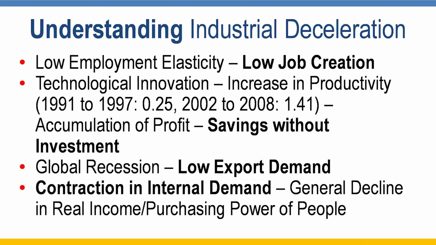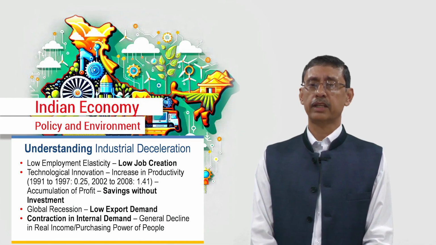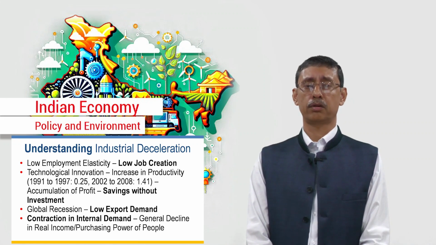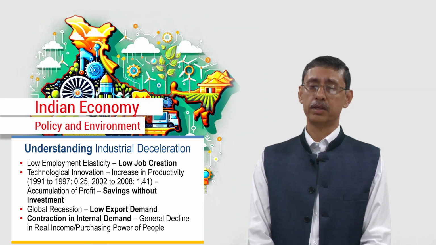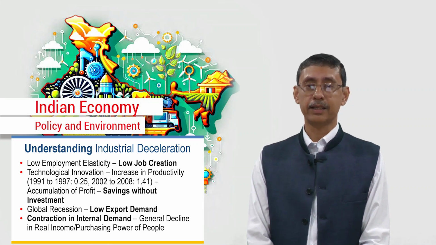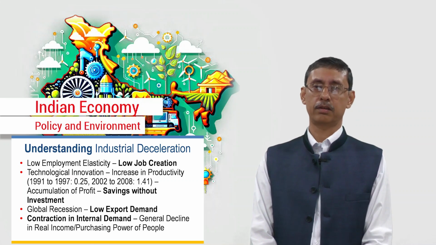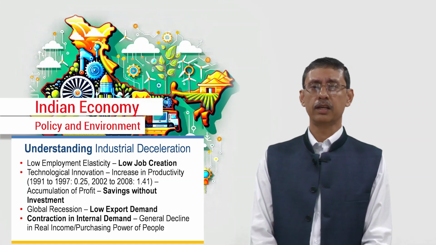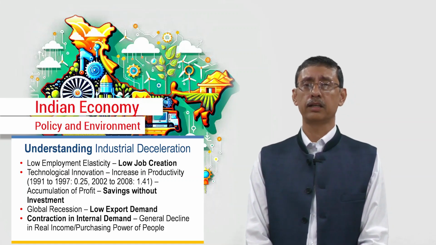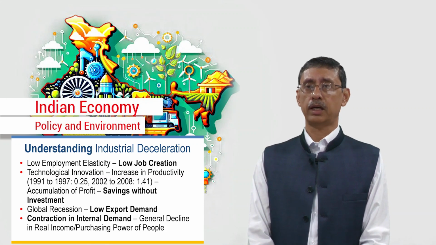Most importantly, there is another argument that not only is the export demand falling, but at the same time there is a contraction in the internal demand as well. There is not enough aggregate demand coming up in the economy, and this is due to a general decline in the real income or purchasing power of people. I have taken this point in my last discussion on industry, when we were discussing agriculture: when agriculture is not doing well, people are coming out of agriculture into other sectors.